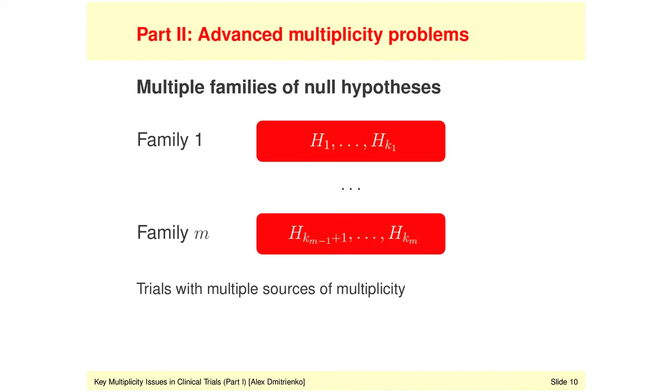I think it will be instructive to compare the examples that we have gone over that involve multiplicity problems with a single family of objectives or a single family of hypotheses to a more challenging set of problems that involve multiple families of objectives. For example, primary objectives, secondary objectives, and then perhaps tertiary objectives. In this case, we have to deal with a multivariate, so to speak, multiplicity problems because there are multiple sources of multiplicity.